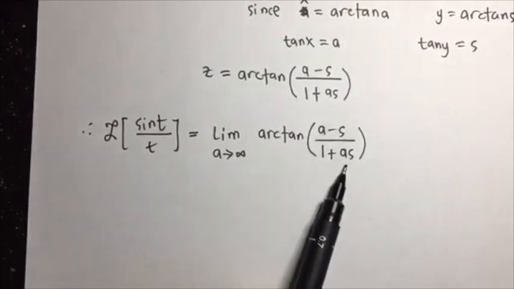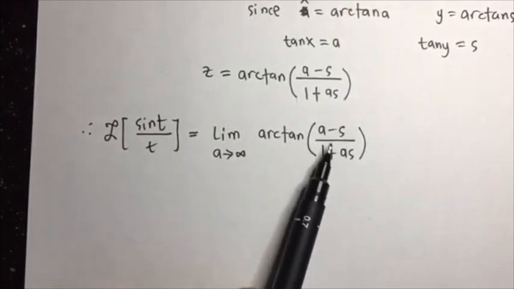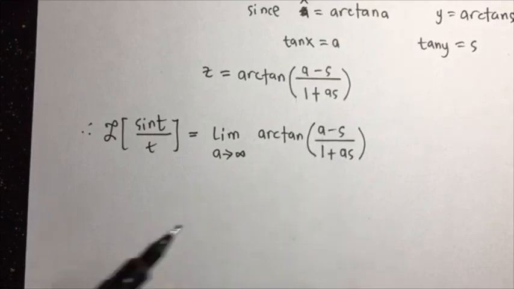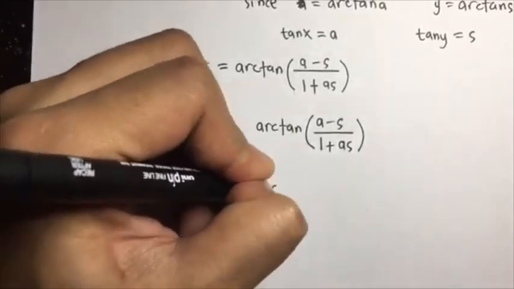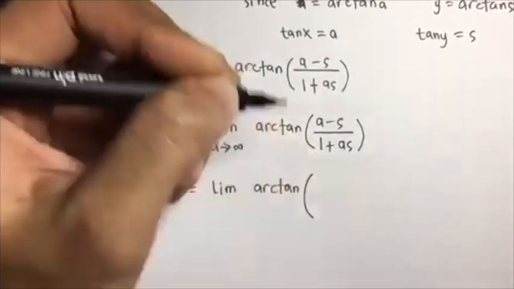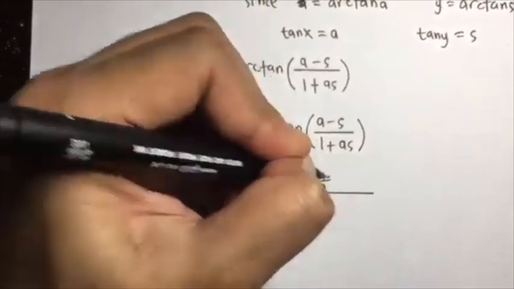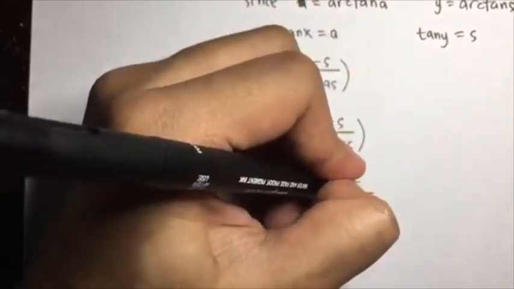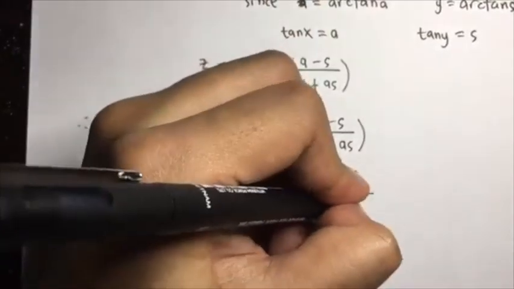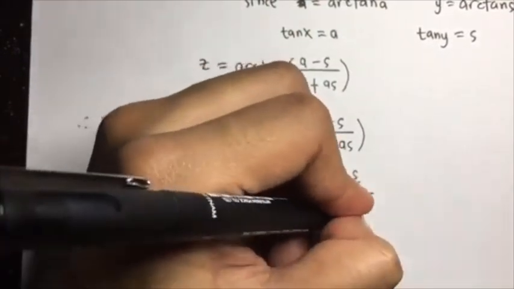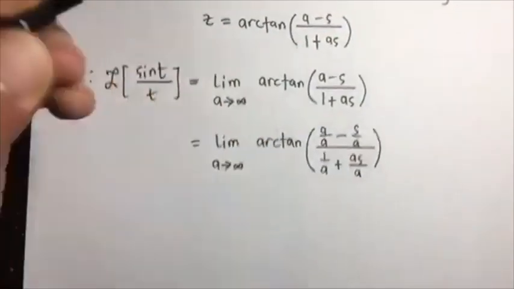So what we can do is divide all the terms by the highest degree that a appears. In this case, a only appears at the first degree, so we can divide all the terms by a. So the limit of arctan of, dividing everything by a, a over a minus s over a over 1 over a plus as over a, as a approaches infinity.